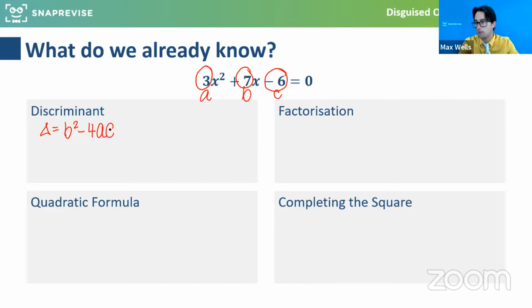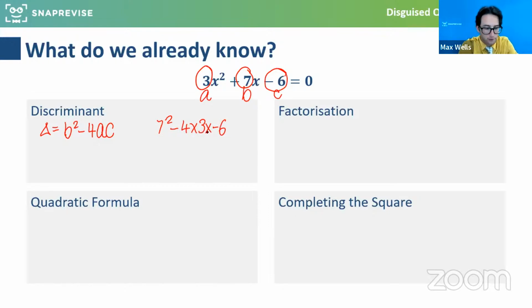This is a really important part of the quadratic formula that actually tells us a lot about the quadratic. If you know what the use of this is, please let us know. Yes, well done, absolutely. So the discriminant is b squared minus 4ac. So for the particular case of this quadratic, that would be 7 squared minus 4 times 3 times minus 6.